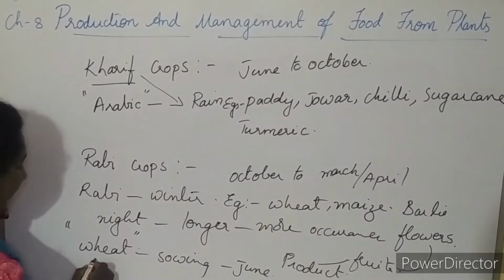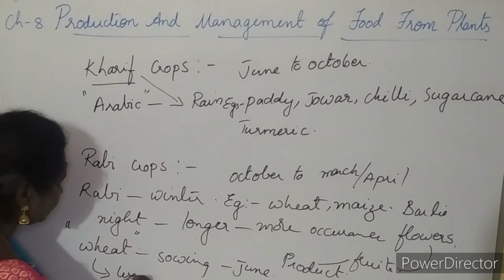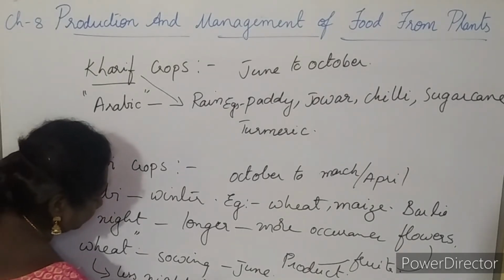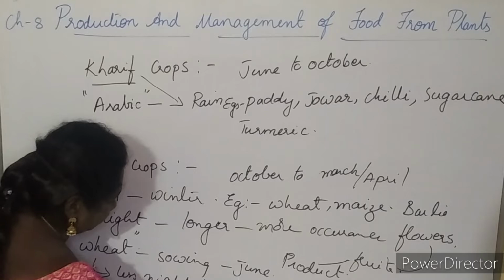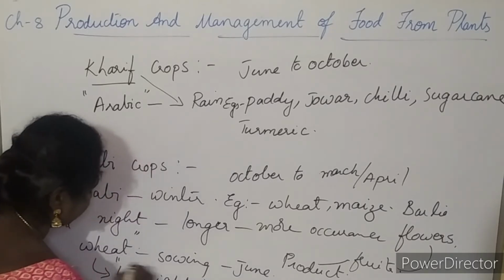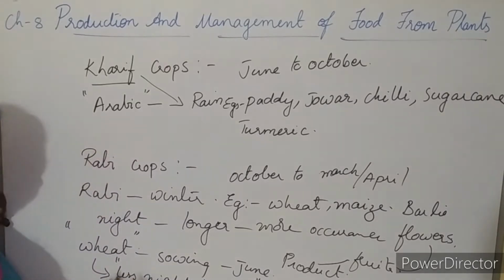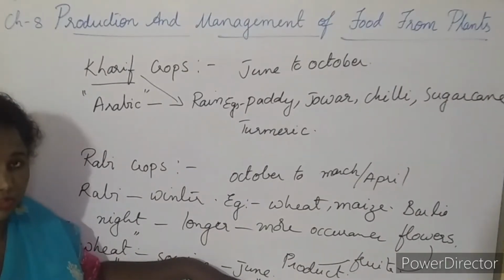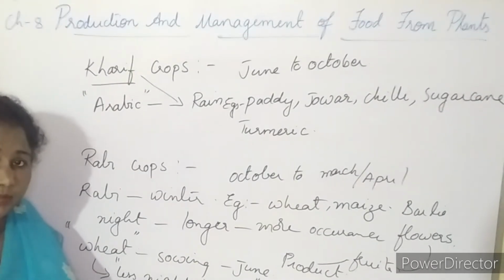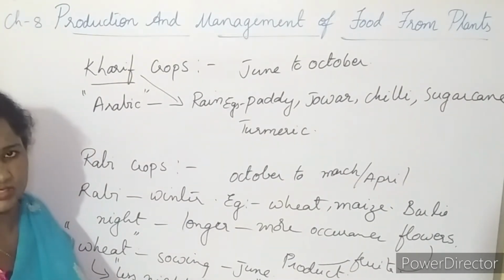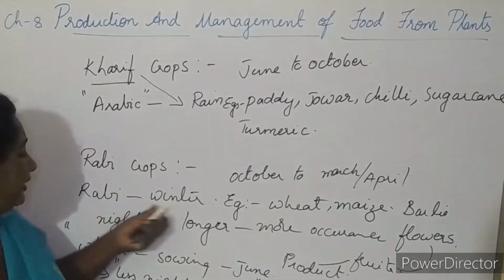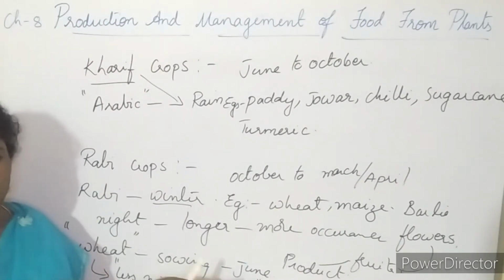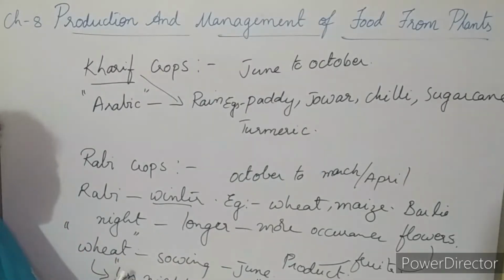But wheat needs less night duration for flowering. So if a farmer sowed seeds of wheat in June, by October it will start giving flowers. But October is a month of winter. So in winter, what is the duration of night? It is longer. So it is not suitable for wheat.